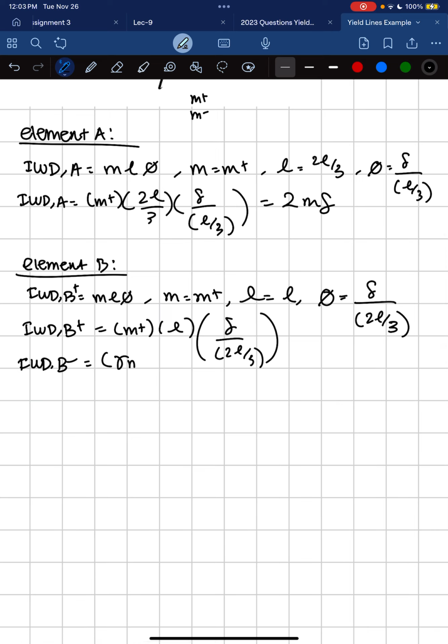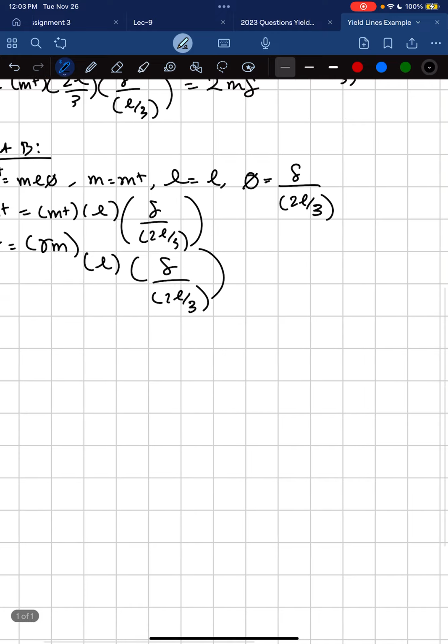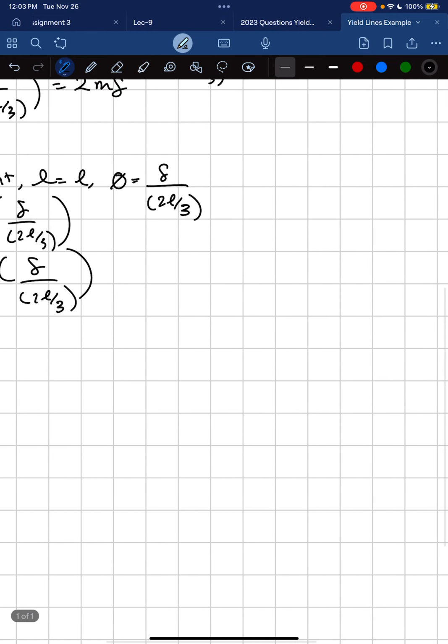They're just using another symbol. And then everything else is the same, like L, theta, it's all the same. The only thing that changes is the moment symbol, that's it. And then we just add the two up to get your total internal work done at B.